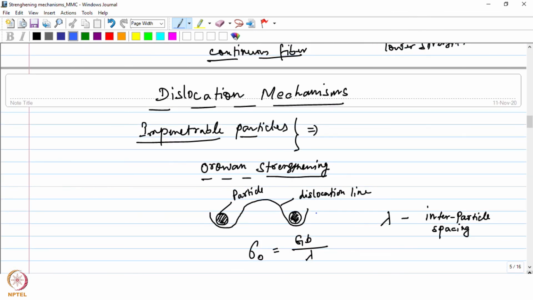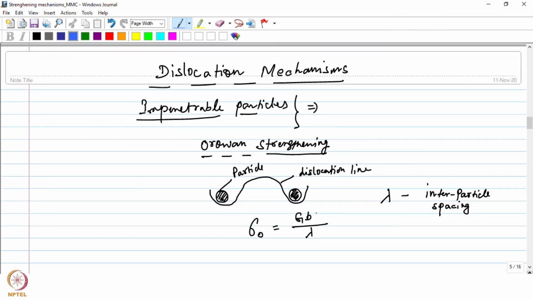Then we talked about certain dislocation mechanisms with regard to the strengthening in metal matrix composites. First, we talked about the Orowan strengthening, and this mechanism talks about the bending of dislocations around impenetrable solid particles, and as they do, dislocation loops will be left behind around the particles, and hence the motion of further dislocations will be hindered.